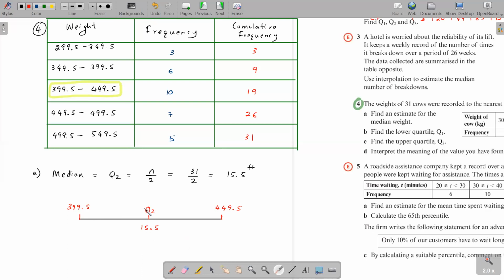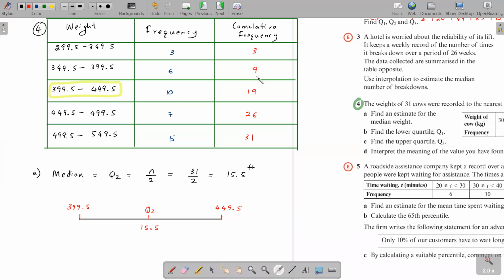Now, how do I pinpoint the exact value of Q2? I know Q2 is something in between these two. How do I get the exact position? To do that, we are going to use the help of the cumulative frequencies. Now, 15.5 is in between which cumulative frequencies here? You can see the cumulative frequency that is lower than 15.5 is 9, right?